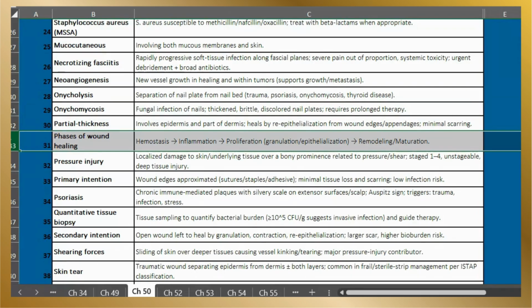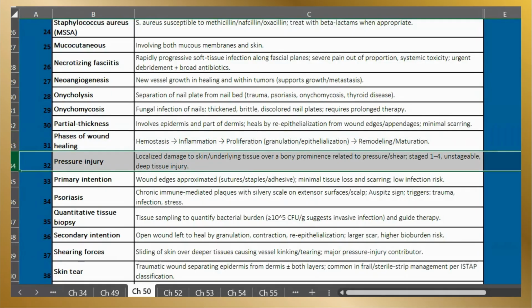So here it's hemostasis, inflammation, proliferation, granulation, epithelialization, and remodeling, maturation. So to remember, it's like HIPR: hemo, inflam, prolif, remodel.